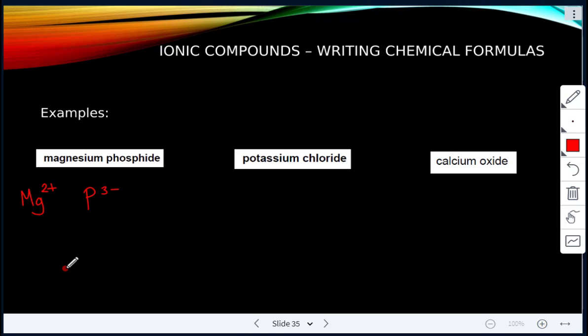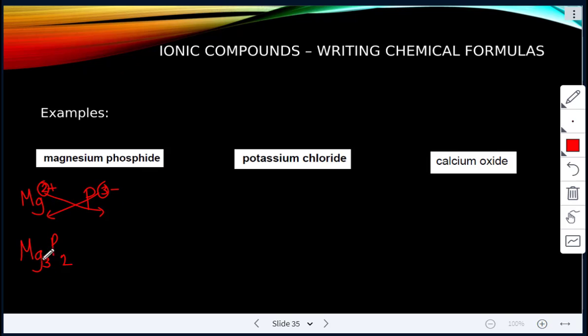All right, so for magnesium phosphide, we've already written down our charges for magnesium and phosphide. So now all we have to do is crisscross and bring the numbers down as subscripts. So this becomes Mg3 and P2. All right, notice they are written as subscripts.